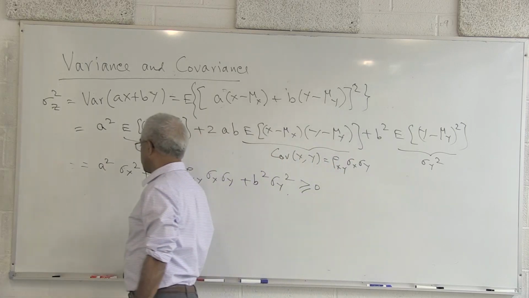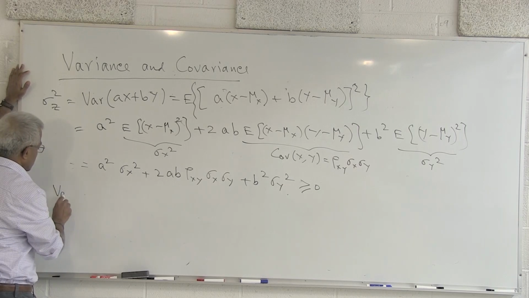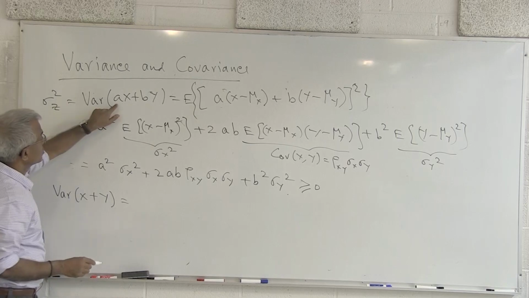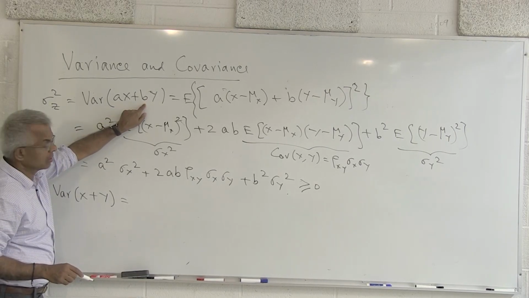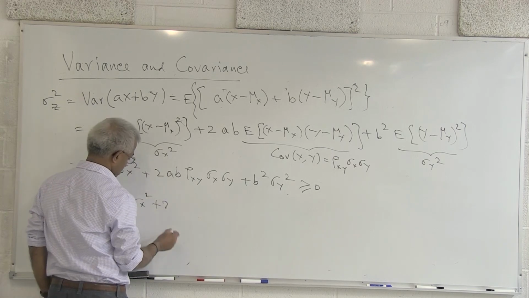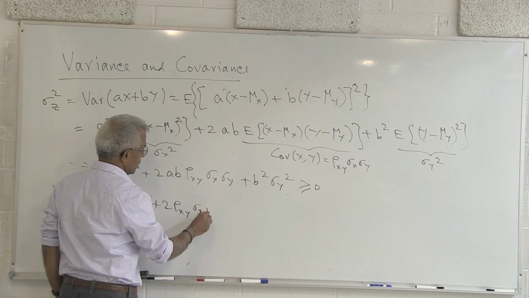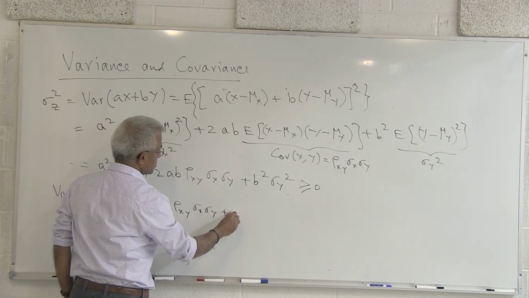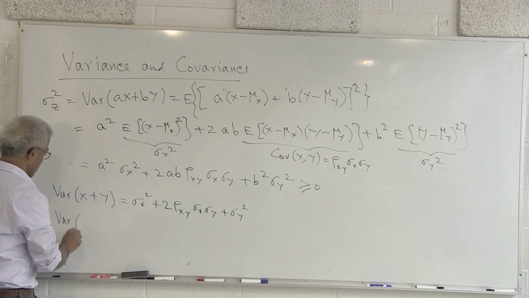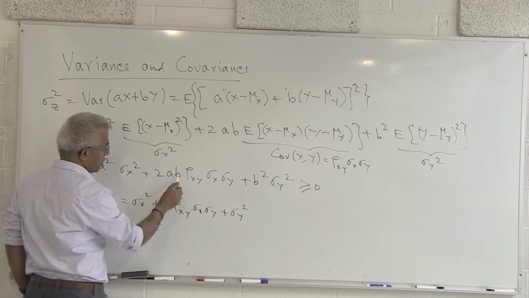A special case is the sum and difference of two random variables. For example, for the variance of the sum, you put a equal to 1, b equal to 1 here. So you get sigma x squared plus 2 rho xy sigma x sigma y plus sigma y squared. Similarly, the variance of the difference is, the first and the last terms are the same, but b is minus 1.